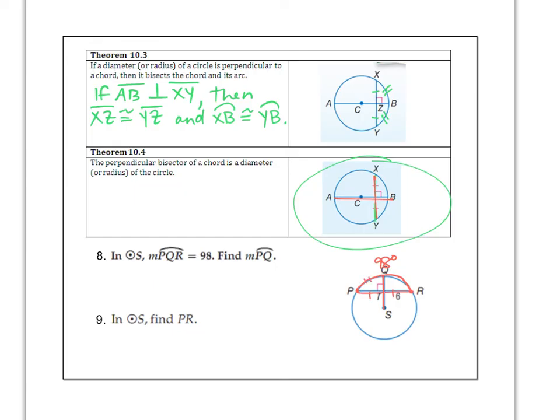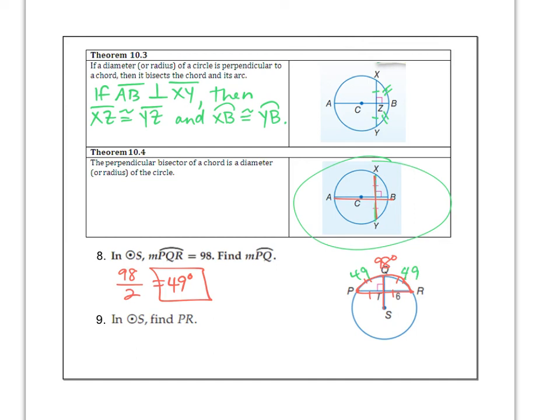It's also going to cut that arc in half. So if the measure of arc PQR is 98, we just cut that in half and get 49 degrees for the measure of arc PQ. In other words, this side would be 49 and this side would be 49.